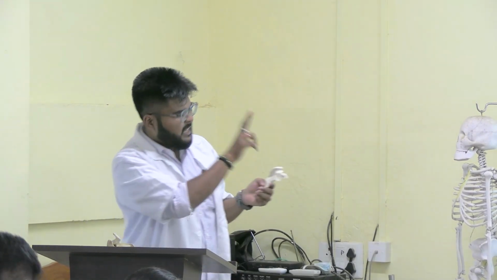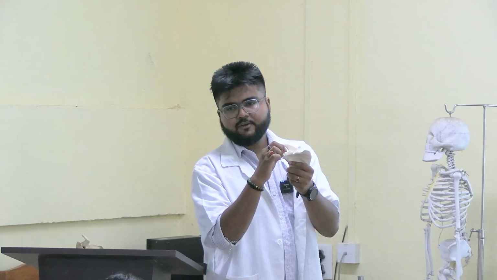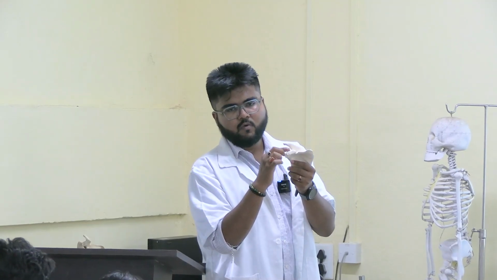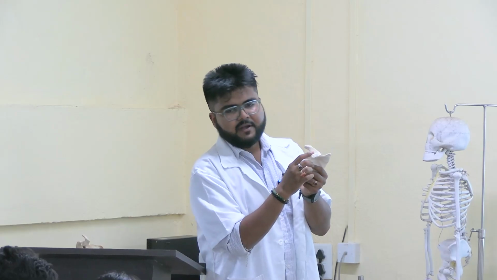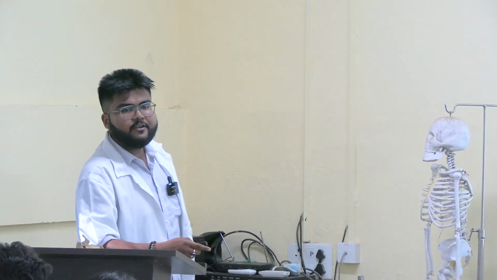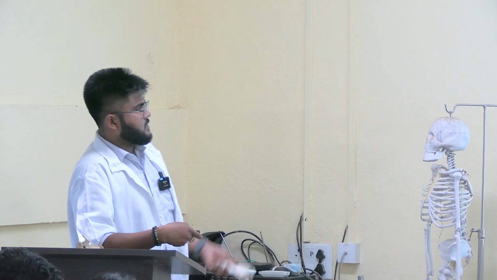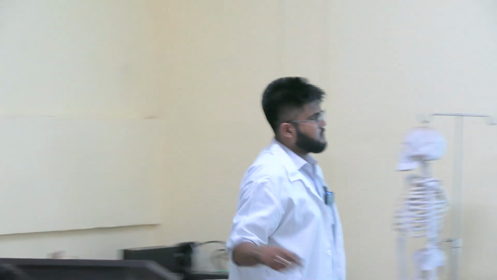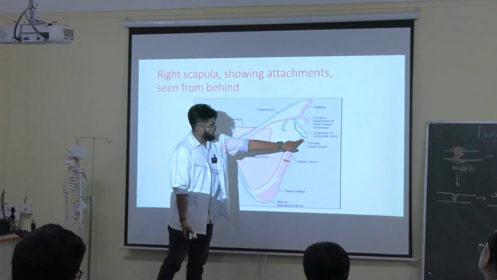Another two points, the last muscle attachments. If this is your glenoid cavity, one tubercle is present in the upper part and one tubercle in the lower part. The upper one is called the supraglenoid tubercle, the tubercle above the glenoid cavity. This is the supraglenoid tubercle, and this is the infraglenoid tubercle.